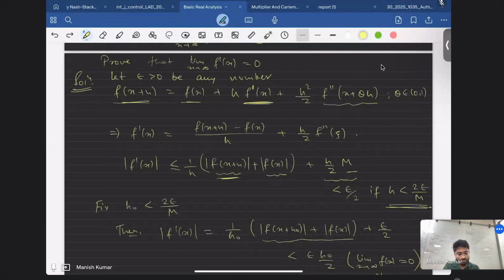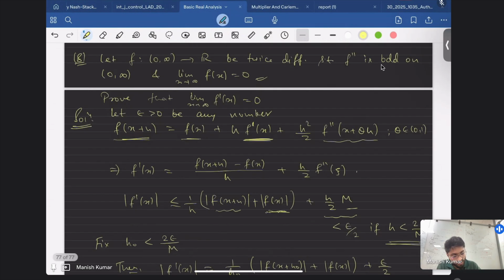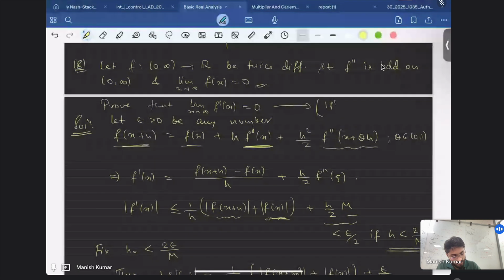Okay. Then, sir, fix h naught less than 2 epsilon by M. Why do we need to fix h naught, sir? Because here I just want to deal with x. h should not come into the picture, right? So if I want to write the definition, what do I need to show? That mod f prime of x is less than epsilon for x greater than or equal to M. This is what I need to show, right?